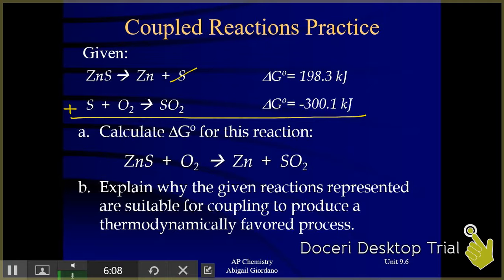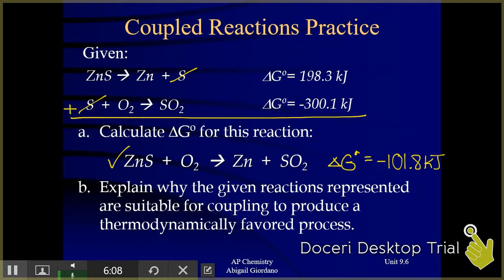So the S cancels out. There's that common intermediate. And when I add my two reactions together, yep, I get this as my overall. And when I add my two delta G's together, I get that. And it is indeed negative.